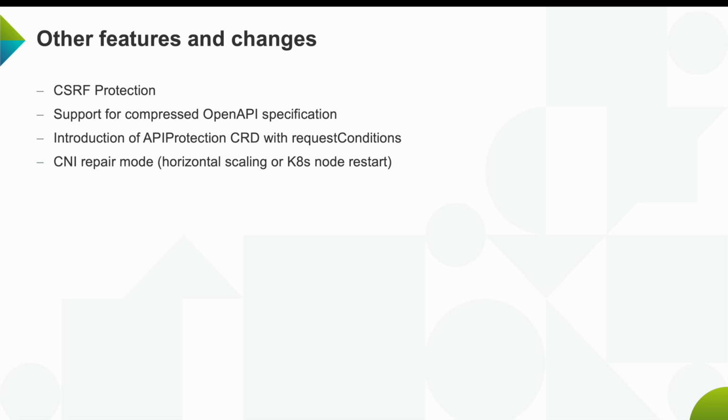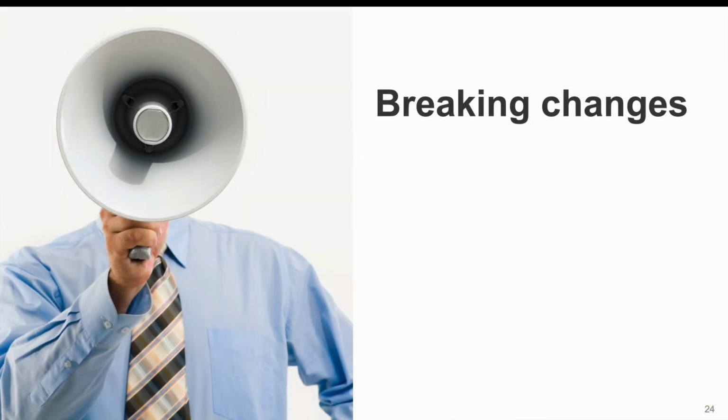The API Protection CRD has been introduced, so request conditions can be used to enforce OpenAPI specifications and GraphQL schemas. To make horizontal scaling or restarting of Kubernetes nodes much smoother, a CNI repair mode has been introduced.